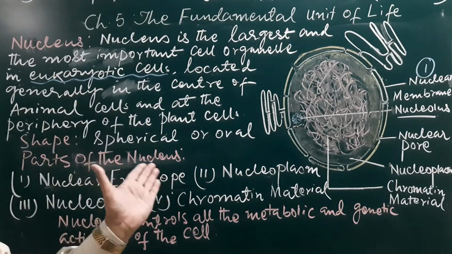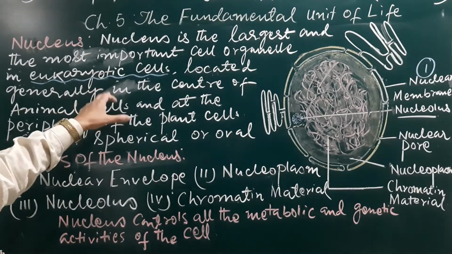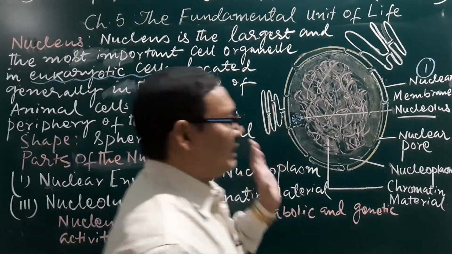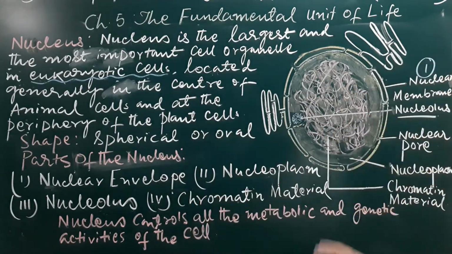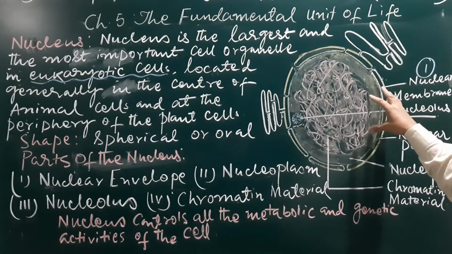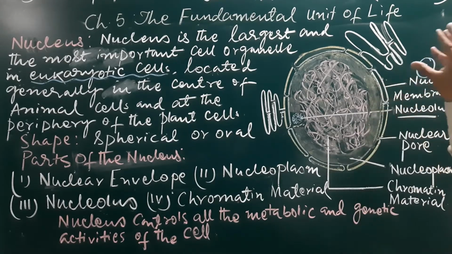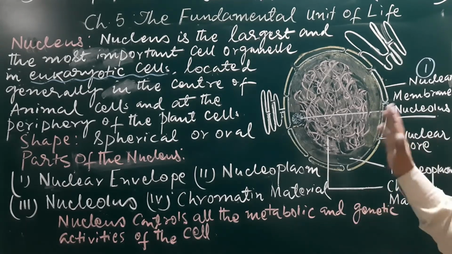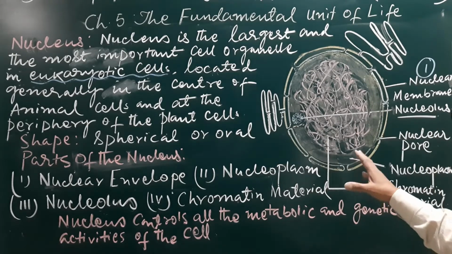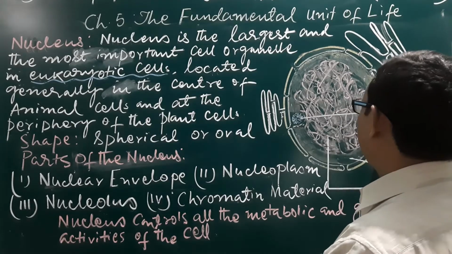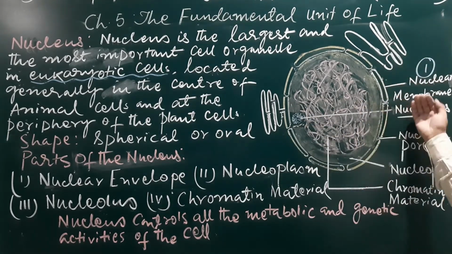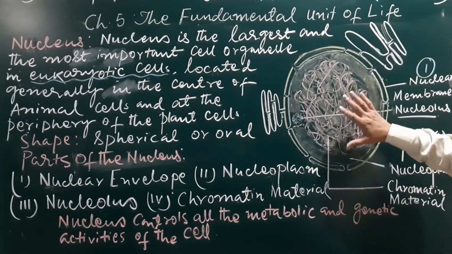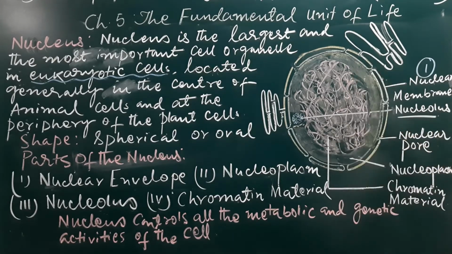All these parts are not present within the prokaryotic nucleus. That is why it is called an undefined or not well defined nucleus, due to the lack of the envelope or the membrane. If there is a lack of membrane, then there is a mixing of the cytoplasm, and there is no existence of the nucleoplasm.